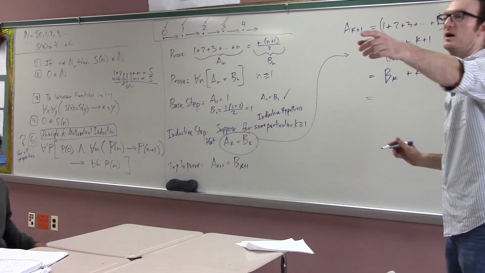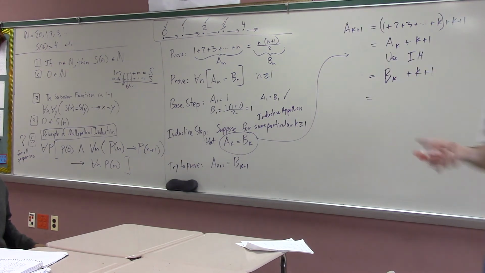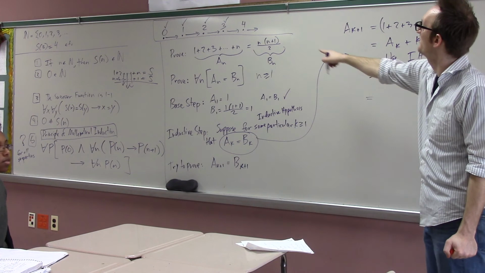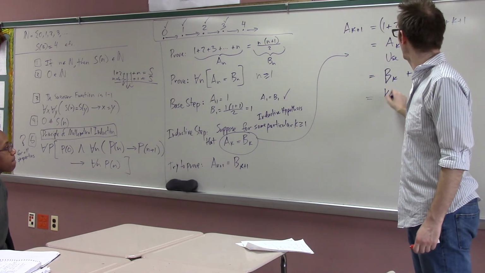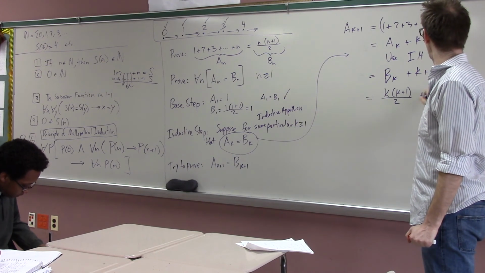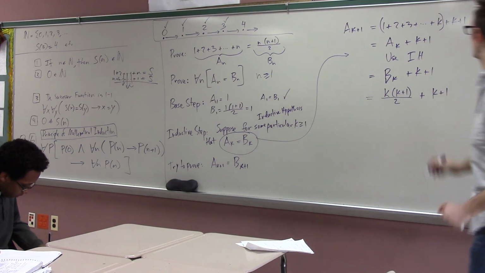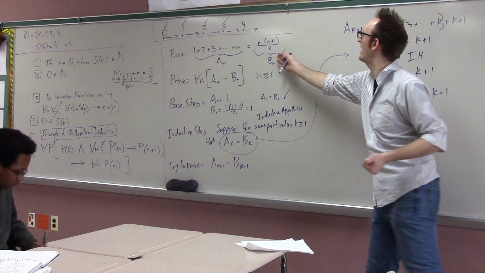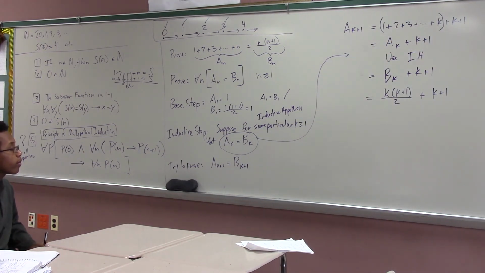Okay, what is the meaning of b sub k? By the formula, it is k times k plus 1 over 2, plus k plus 1. I just substituted in the meaning of b sub k.